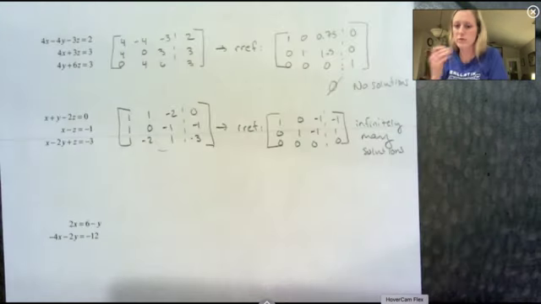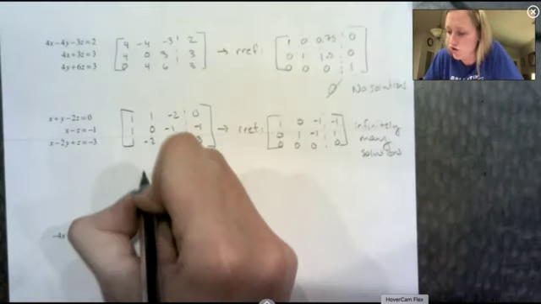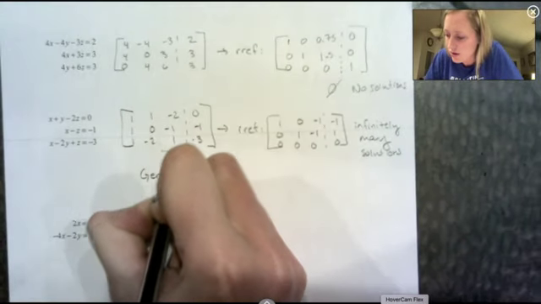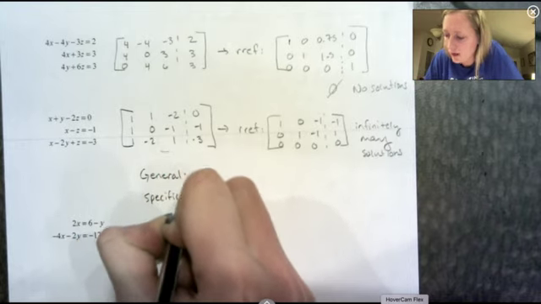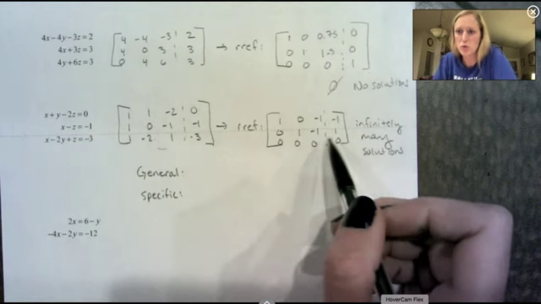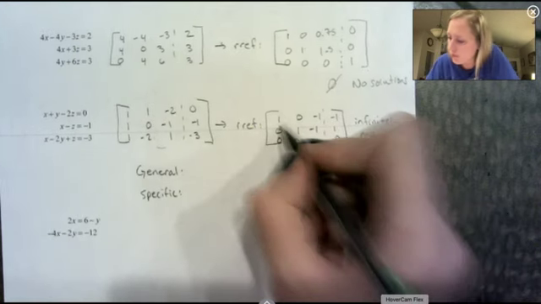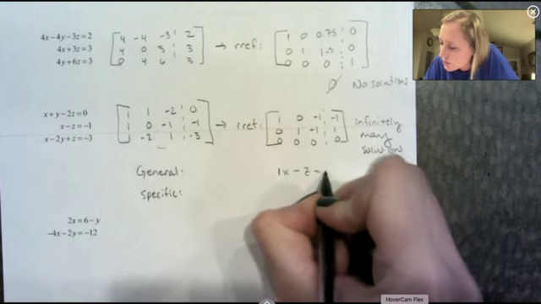Okay, but remember, if we have infinitely many, which is a dependent and consistent system, we want the general solution and a specific one. Okay, so in order to do that, I'm going to rewrite those top two rows as equations. So I have 1x minus z equals -1.